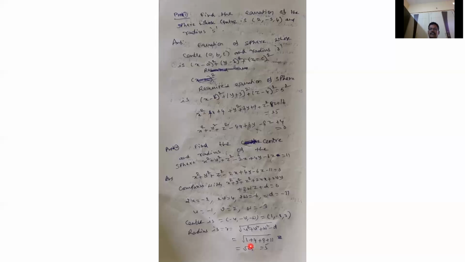So finally we get 1 + 4 + 9 + 11 = 25, and √25 is 5. So the center of this sphere is (1, −2, 3) and the radius is 5. For the general equation, the center is (−u, −v, −w) and the radius is √(u² + v² + w² − d).